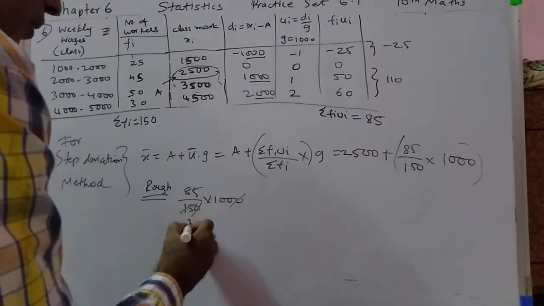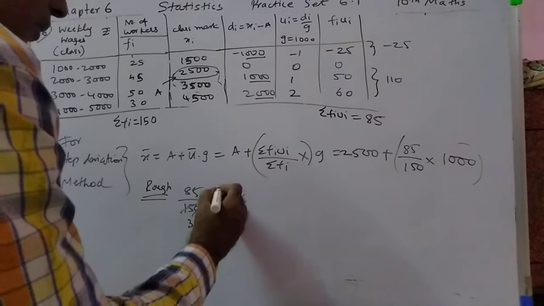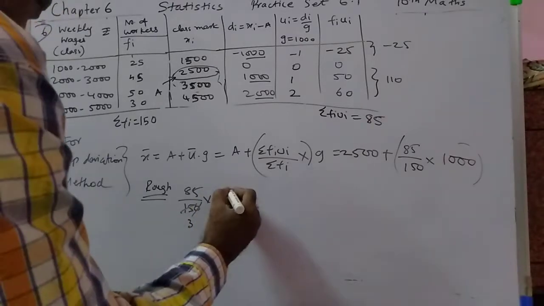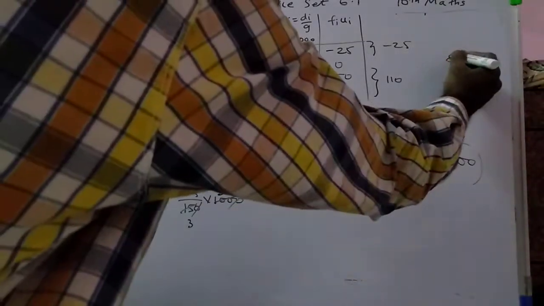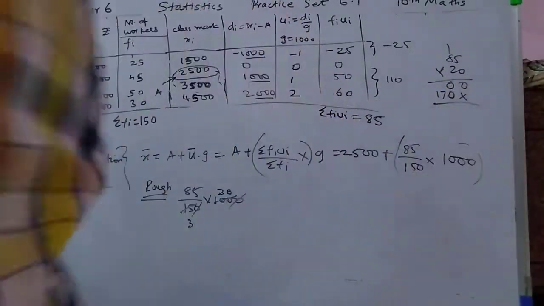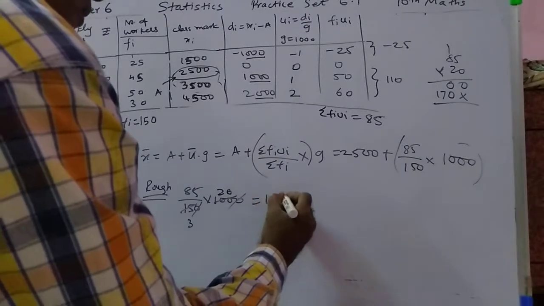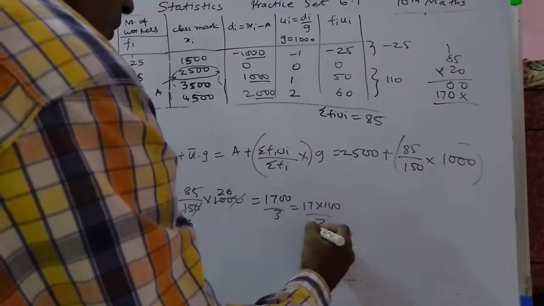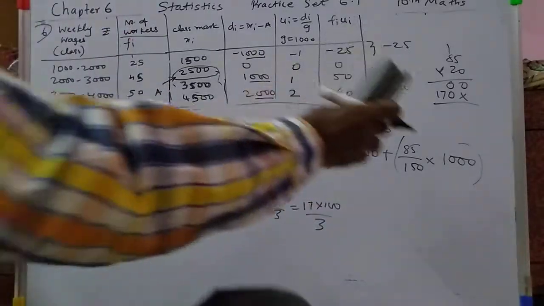It will become 3 into 5, 5 into 20. Okay. That is calculate here, 85 into 20. That will become 1700. 3 into 100. That would calculate here.